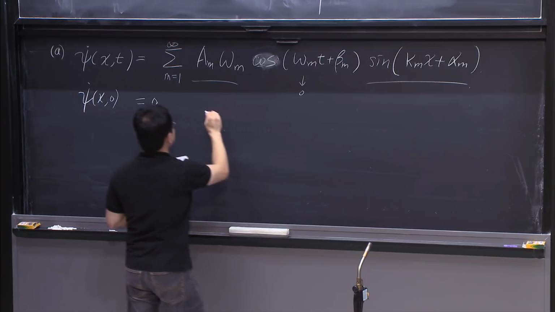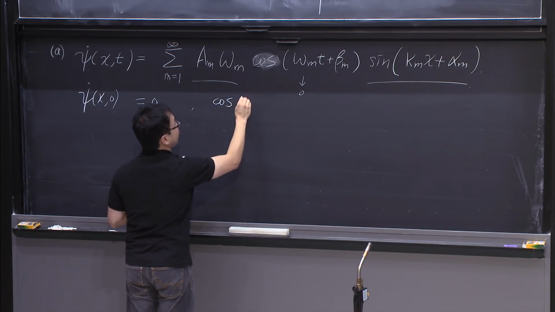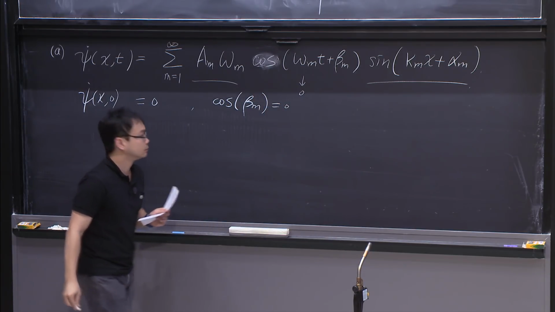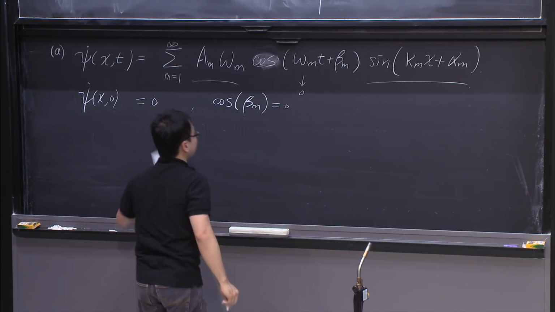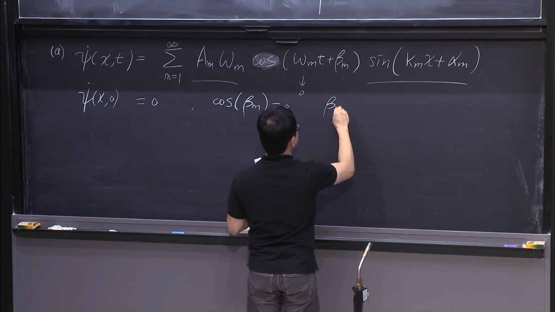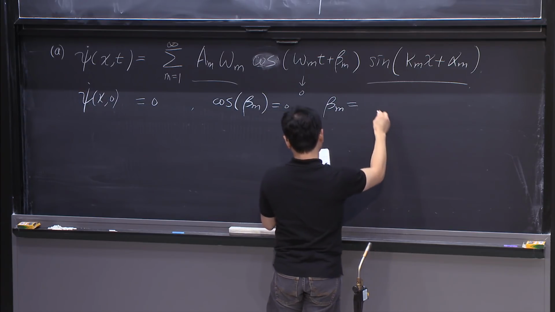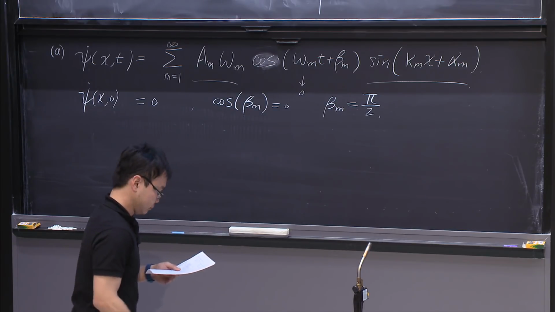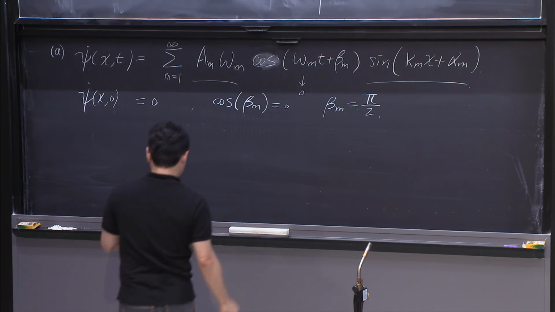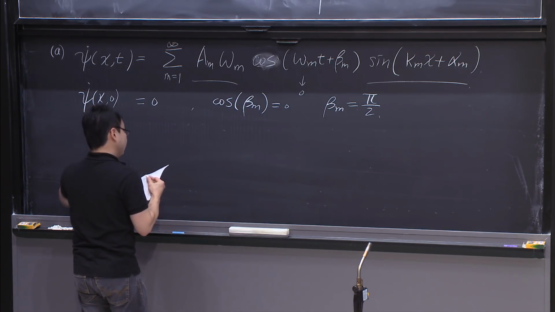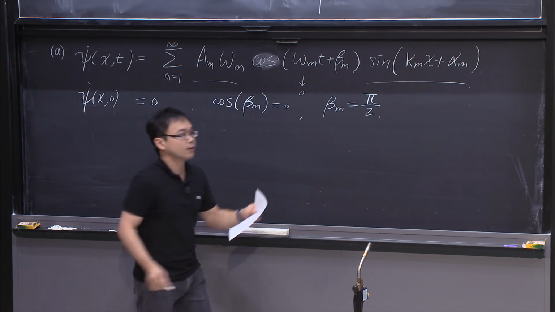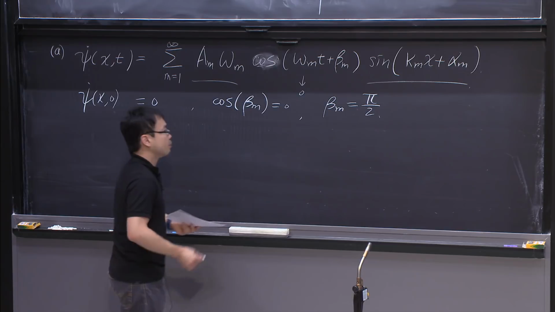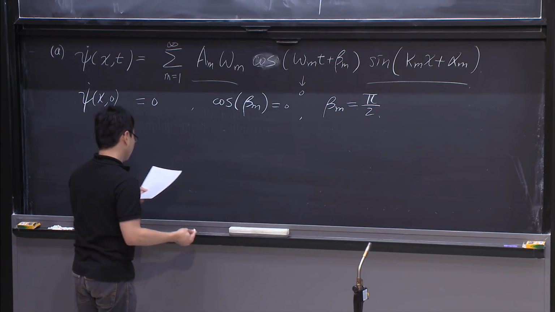Therefore, what is the resulting condition? The resulting condition is that cosine beta_n will be equal to 0. Therefore, from this initial condition, I can conclude that beta_n is equal to pi over 2, for example. So you can see very clearly that from the first initial condition, the string is not moving at the beginning, so beta_n is equal to pi over 2.